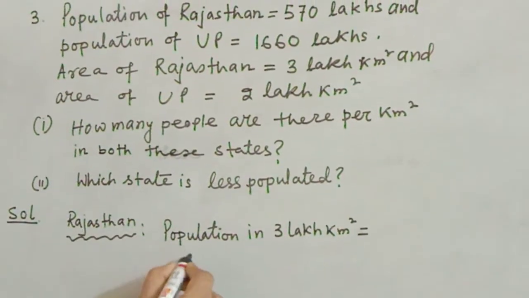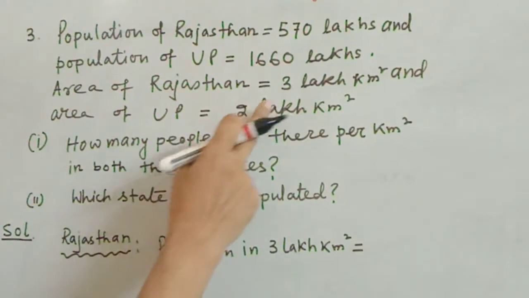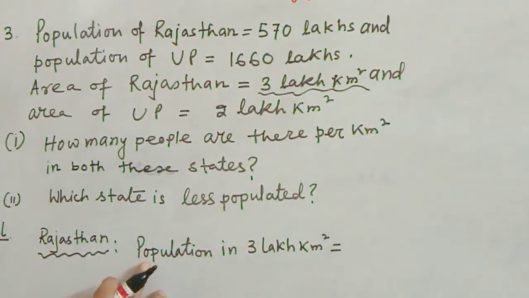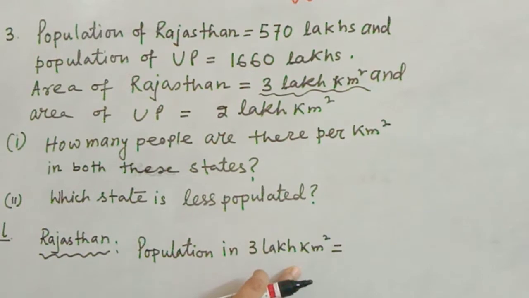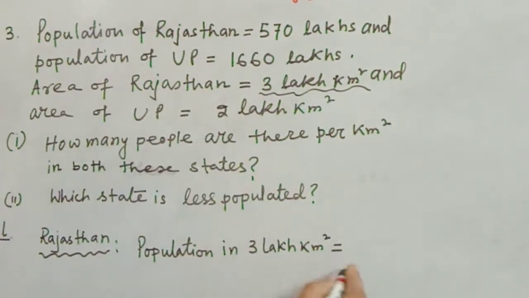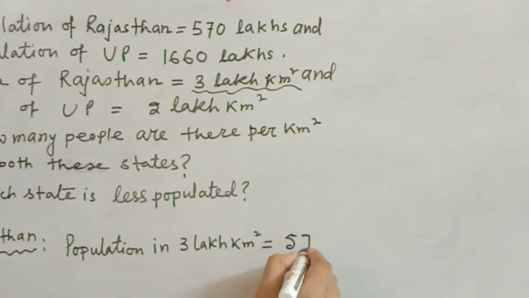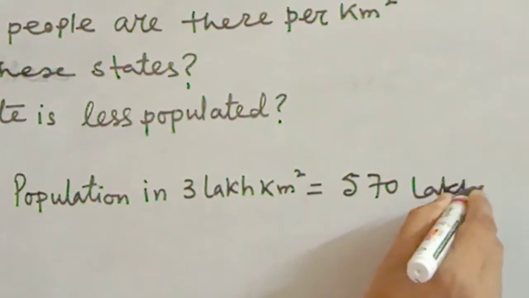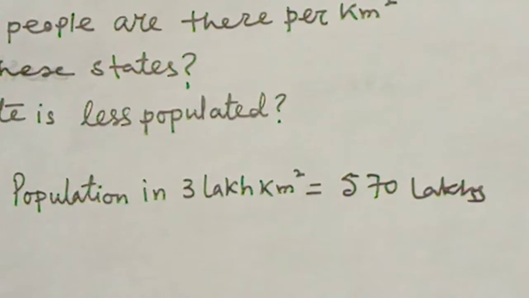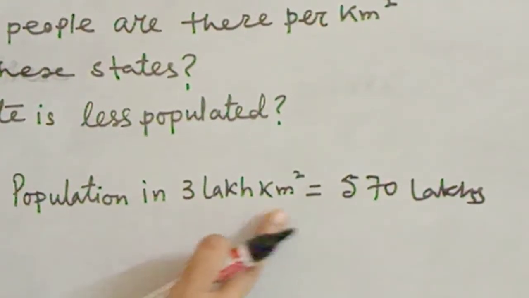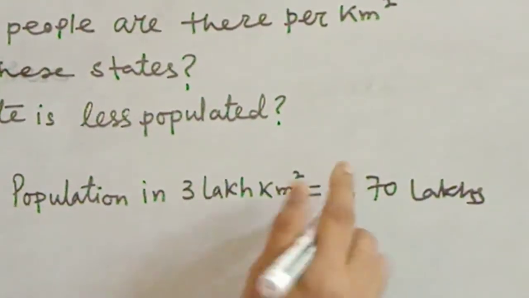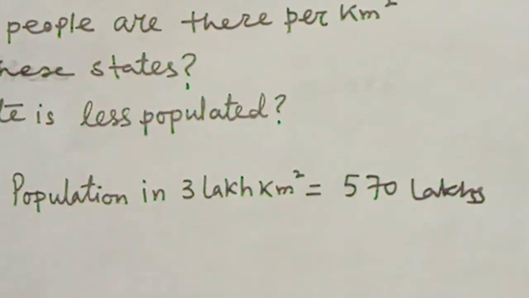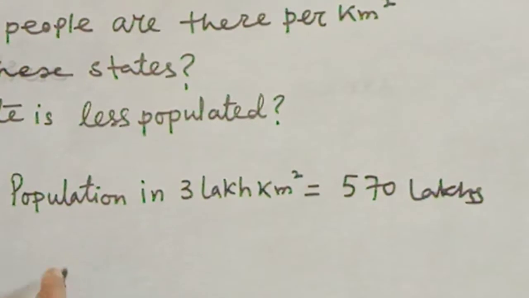Now for Rajasthan, we are doing Rajasthan first. Area of Rajasthan is given as 3 lakh kilometer square. So population in 3 lakh kilometer square is 570 lakhs. So you have to find out the population in 1 kilometer square.